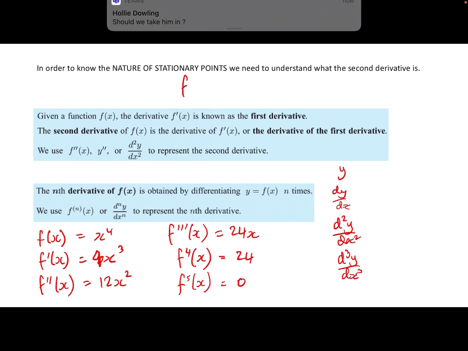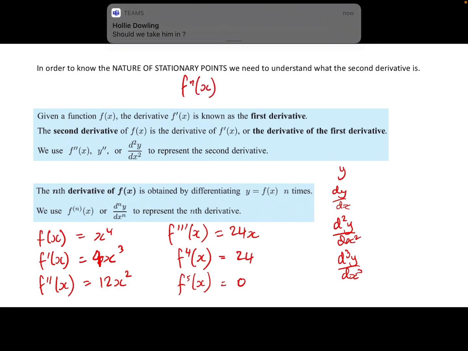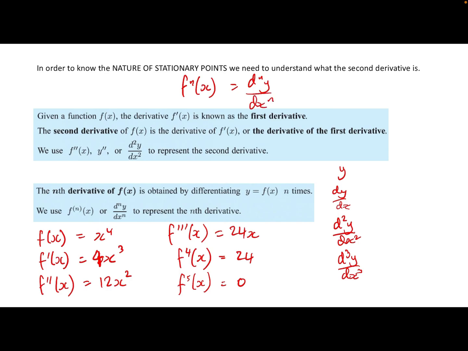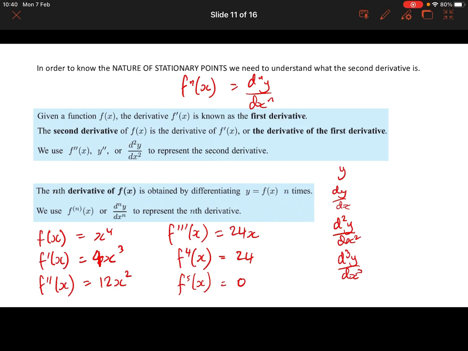So we've got f^n(x), and d^n y over dx^n is the notation for the nth derivative of a function. Now, not all functions have infinitely many derivatives. Some functions have infinitely many derivatives, and some just have a fixed amount. Polynomials have a fixed amount, depending on the order of it. Okay.